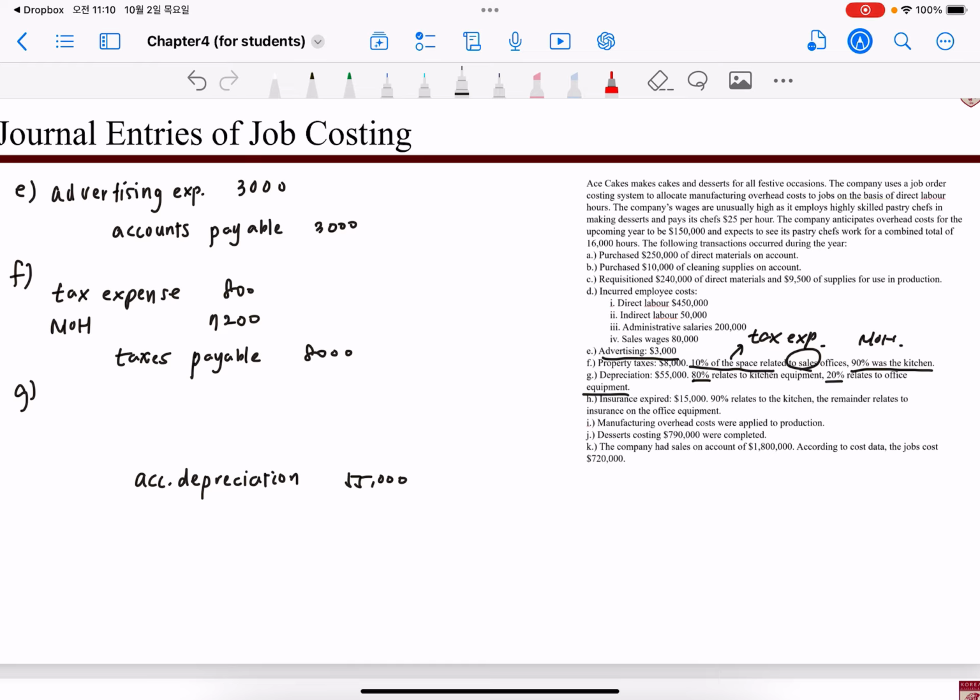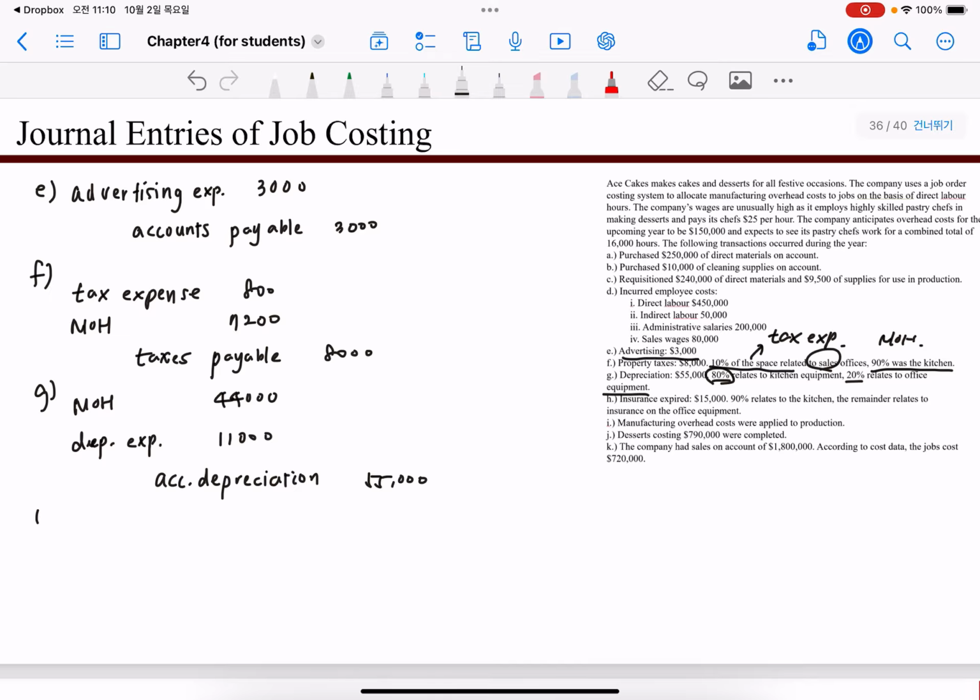So 80% is the portion that we're going to transfer as an MOH, right? So MOH debit 44,000. And the depreciation expense, which is incurred right away, let me just write it as depreciation expense, which is 11,000. Okay.